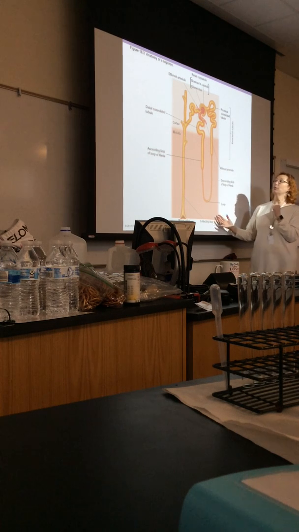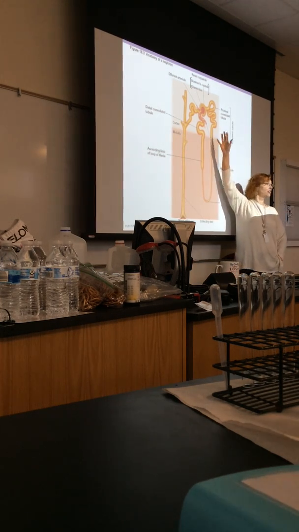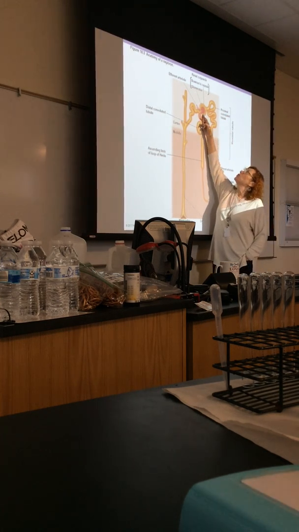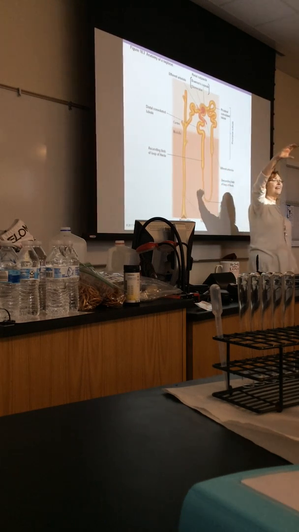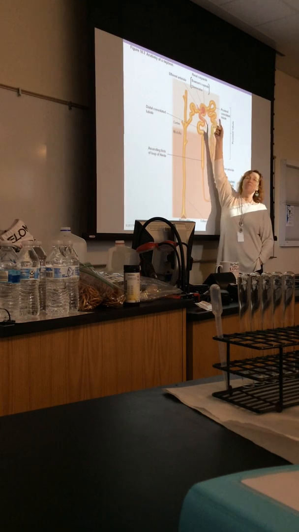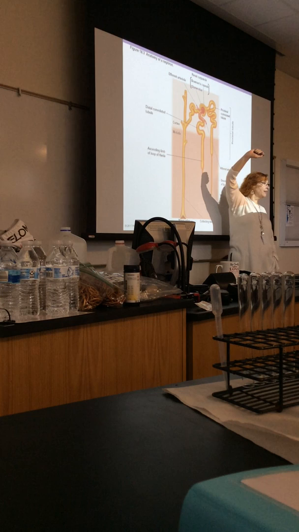Okay, so here I have, and I'm not showing the vasculature, here we're looking at the kidney piece, okay? Here is where my nephron begins. That is my Bowman's capsule. Inside my Bowman's capsule, I have my glomerular capillaries.